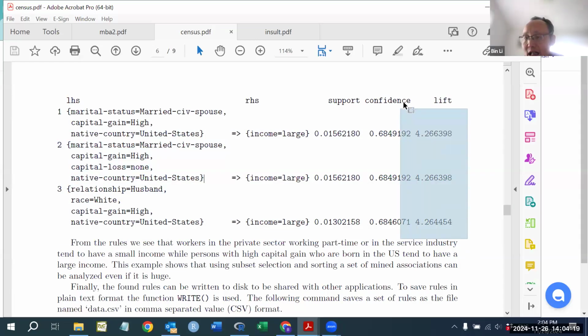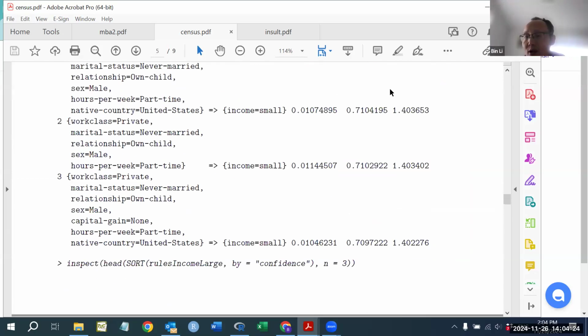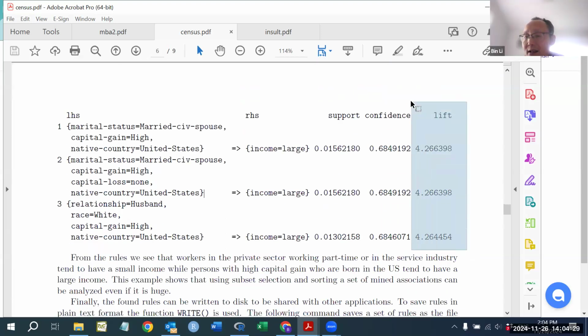The lift value for the high income group is 4.2 something, but for the low income, the leading ones are 1.4. That's the asymmetry that I mentioned, just like in the Titanic. It's easier to find those rules that are closely connected to the high income group, so by looking at the lift values it's easy to identify the high income group compared to the low income group.